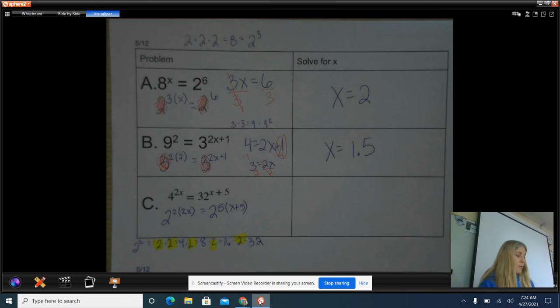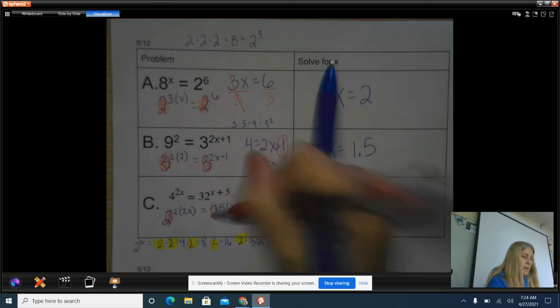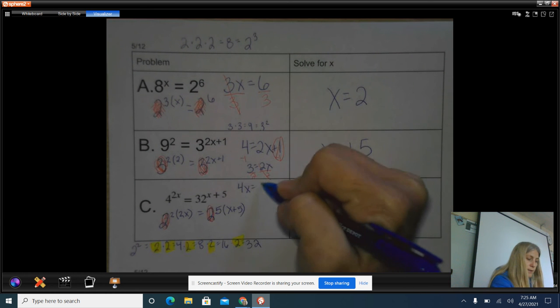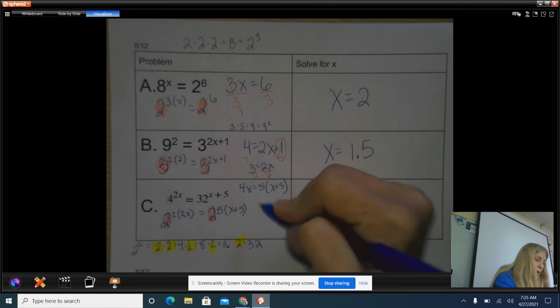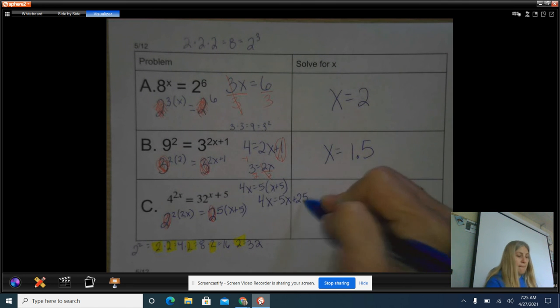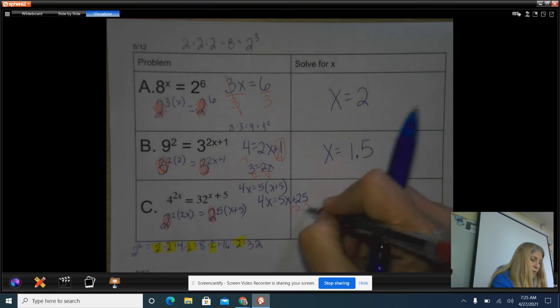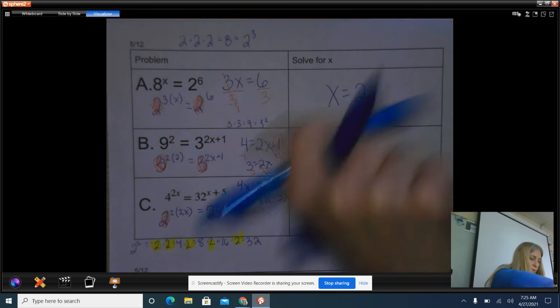Okay. Once again, we've gotten our bases the same. And now we have 2 times 2x is 4x is equal to 5 times x plus 5. Then we're going to distribute. 4x is equal to 5x plus 25. And I'm going to subtract 25 from both sides. And we're going to subtract 4x from both sides.